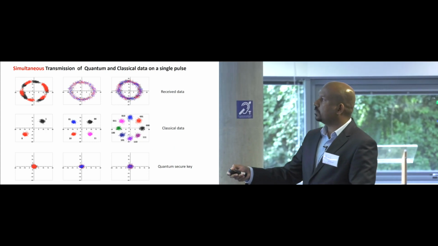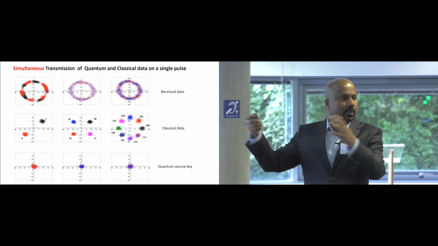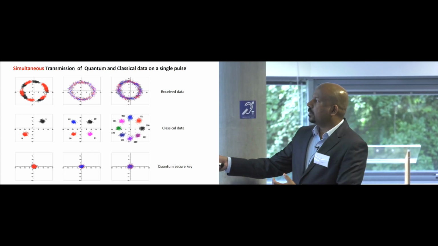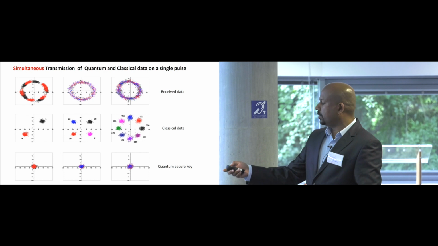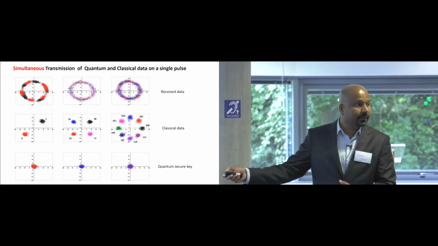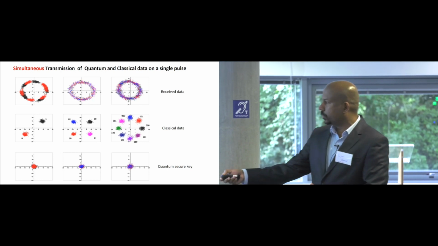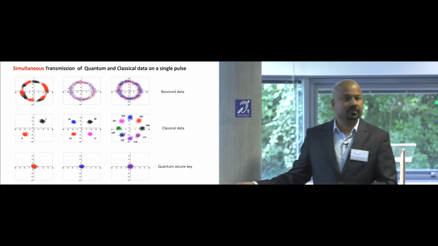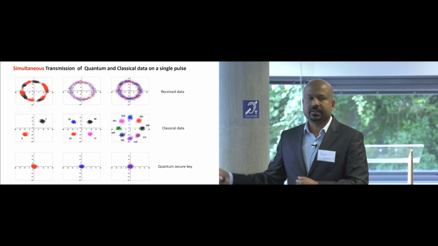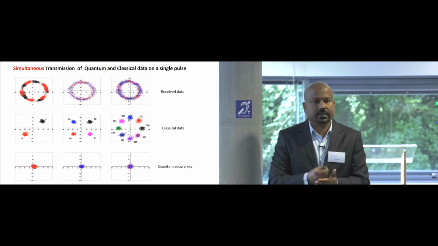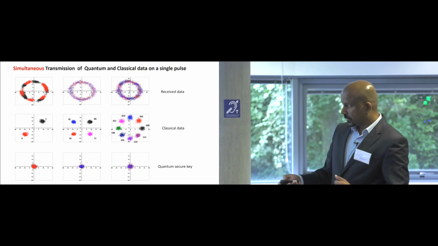This is what is received by Bob, the scrambled message. We extract the classical data, and you see this is clearly distinguishable. After extracting the classical data, we go on to extract the quantum key. So this technique is able to send quantum and classical data on a single pulse.